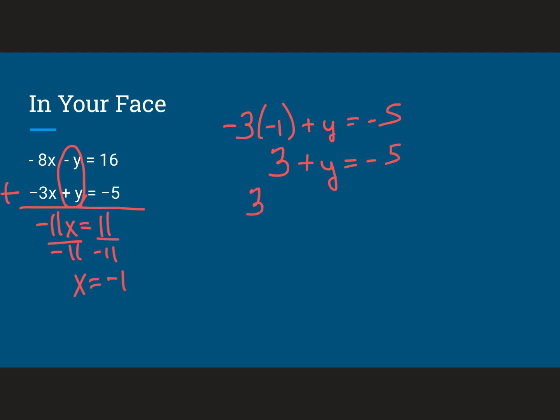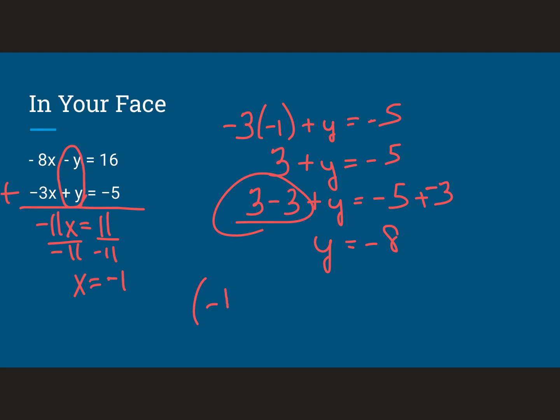So I have 3 minus 3 plus y equals negative 5 minus 3. These are going to cancel, so I have y equals negative 5 minus 3. So remember, it's the same thing as negative 5 plus negative 3. So that gives me negative 8. Again, I'm going to write my answers in ordered pair. The ordered pair here is x is negative 1, y is negative 8. Not too bad. Let's try one that looks a little different.